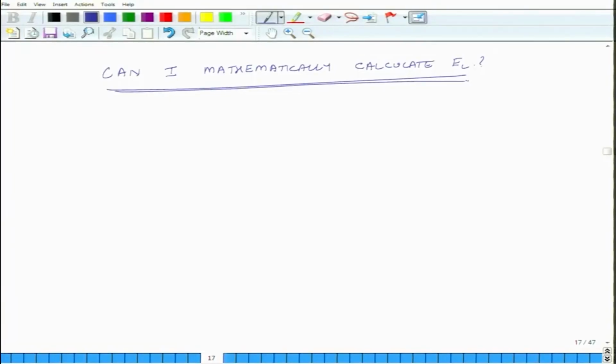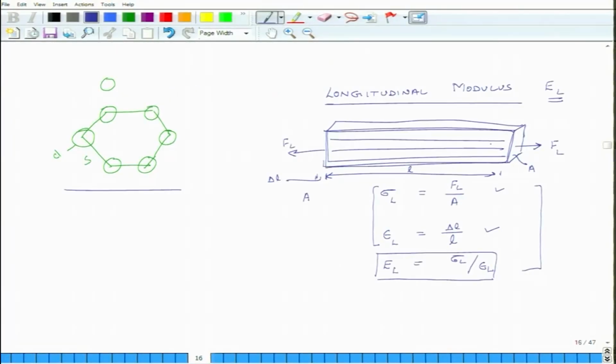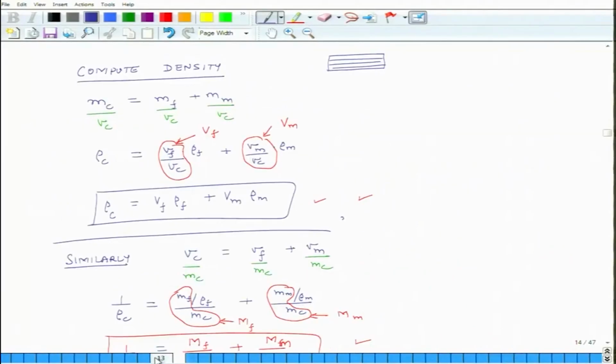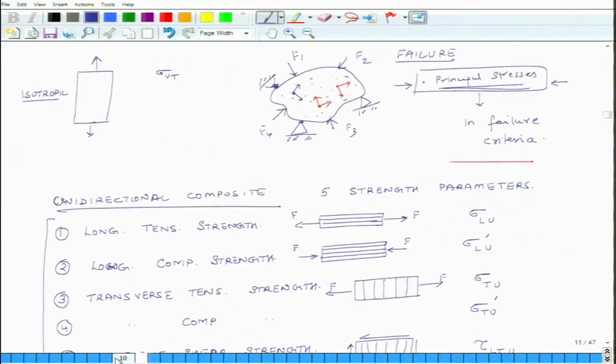Can I mathematically compute the value of EL if I know all the material properties of the fiber as well as the matrix? And that is what we will do tomorrow. And so, we will mathematically compute the value of EL and also the strength of the material in the longitudinal tensile direction, which is one of these 5 strengths which we had discussed. So, we will figure out sigma Lu of the material.